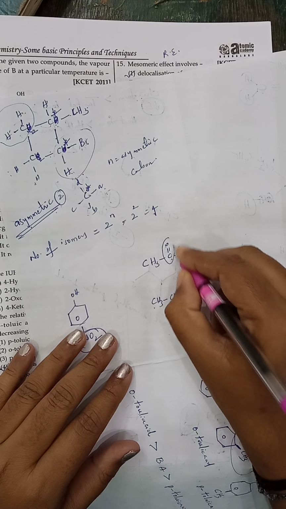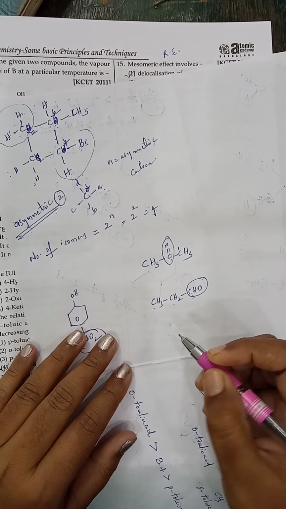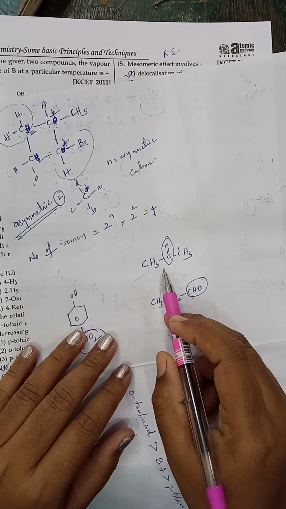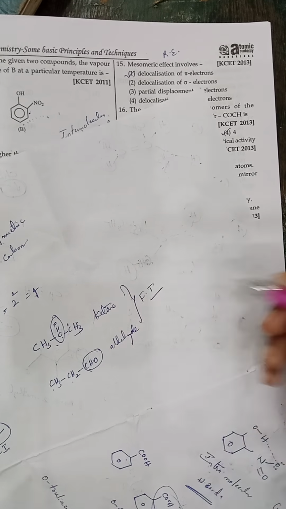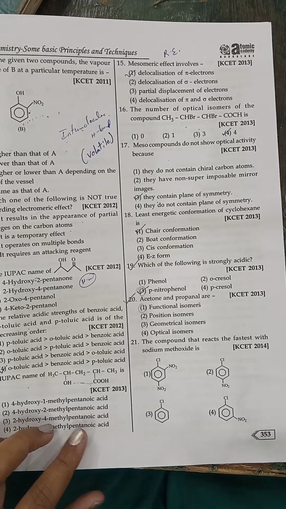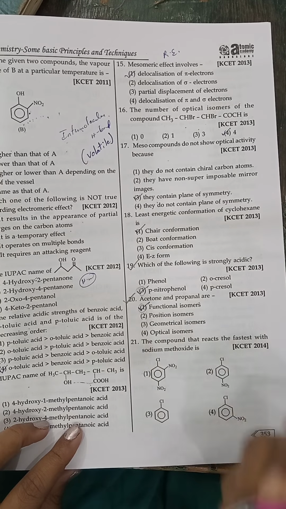Here one kind of functional group is present, and here another kind. This is a ketone and this is an aldehyde. If two compounds have the same molecular formula but differ in functional group, they are known as functional isomers. So these two are functional isomers. The answer is the first one.